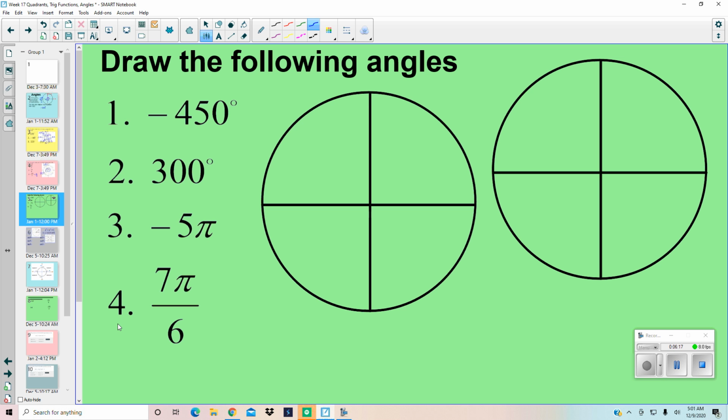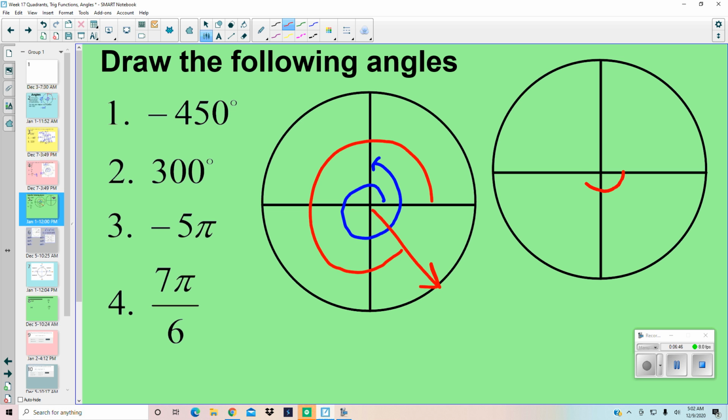Okay, if you're asked to draw the following angles, negative 450 degrees. Let's start here at 0, 0. 360 plus 90 more is going to be 450. Or positive 300 degrees. I'm going to start, let me use a different color, I'm going to start here and come back around. And I'm going to be right there. Negative 5 pi.